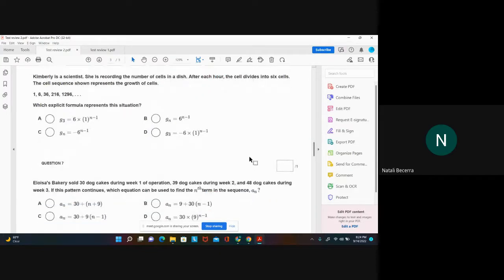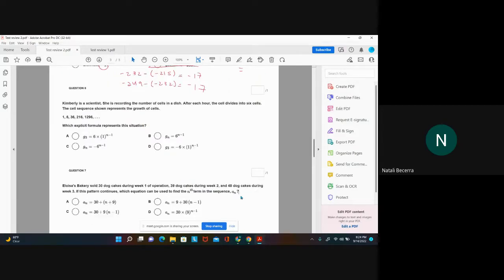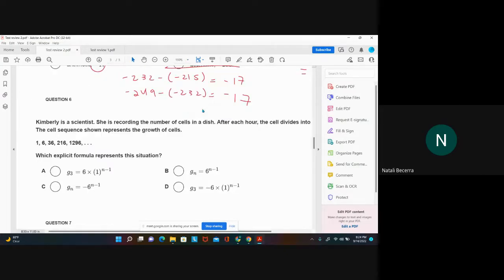Kimberly is a scientist. She is recording the number of cells in the dish. After each hour, the cell divides into 6 cells. Okay? So this is good because they tell us that it is only geometric.